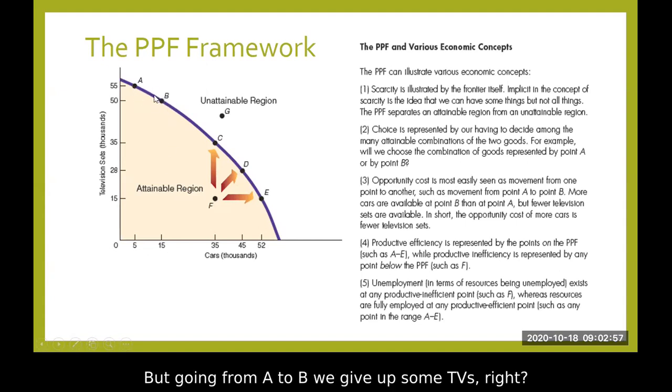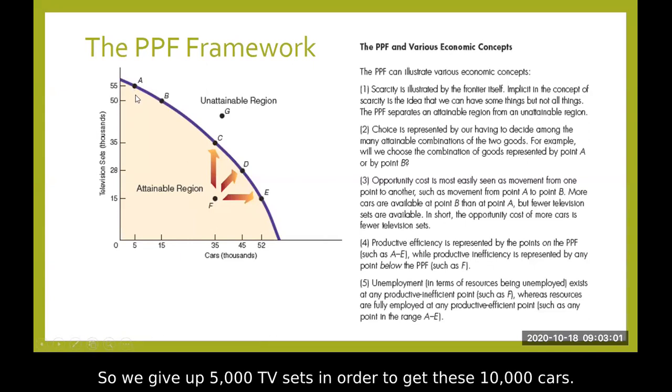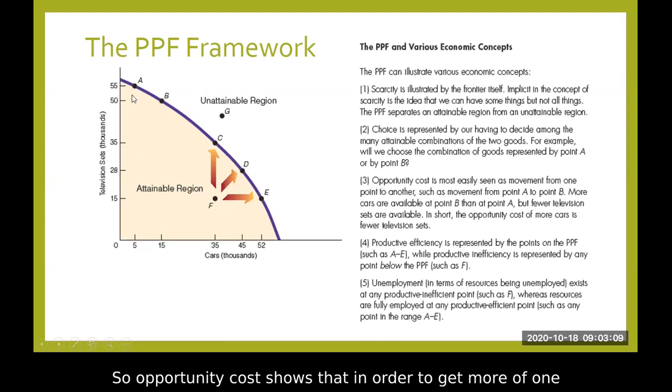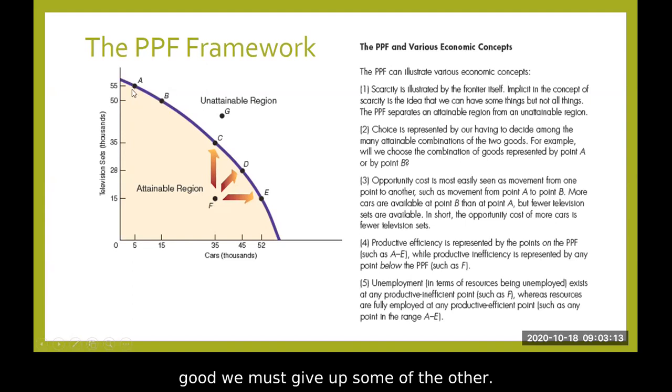But going from A to B, we give up some TVs. Right? We give up 5,000 TV sets in order to get these 10,000 cars. We cannot get more of both. So opportunity cost shows that in order to get more of one good, we must give up some of the other. There's a trade-off between these two things.